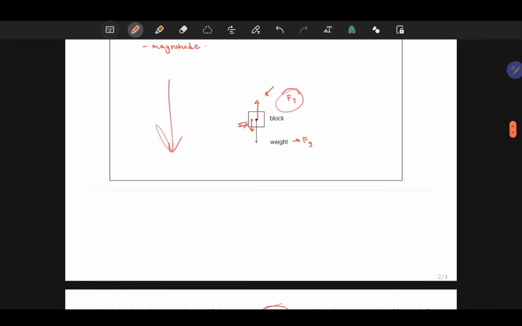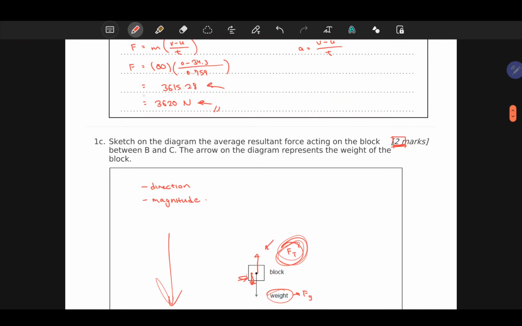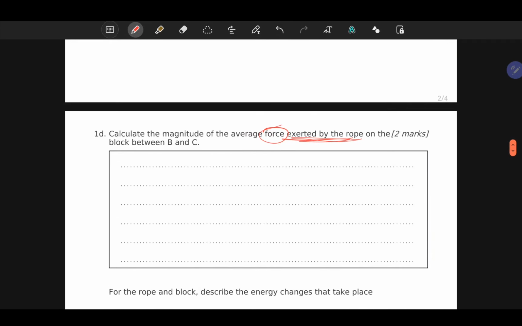So we know from this diagram that the vector sum of the weight and the tension force is going to equal the resultant force. And we know the resultant force because we found it here, right? So we know that the resultant force is going to equal the vector sum of the force due to gravity and tension force, right?